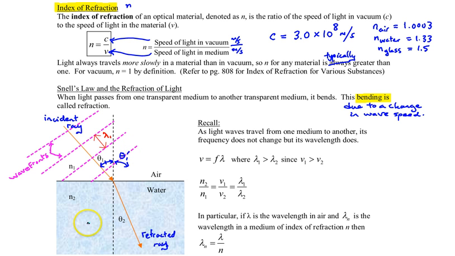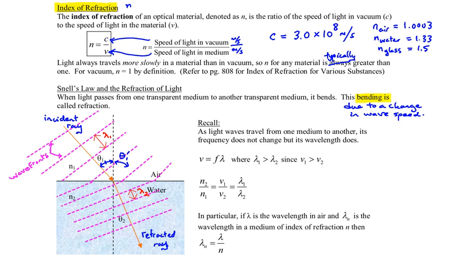As the light travels into the new medium, water, we find that the wavefronts get closer together. And so the wavelength in this water medium is now smaller. In order for the wavefronts to remain in sync with each other, the ray must bend towards the normal as it adapts to the new change in speed.